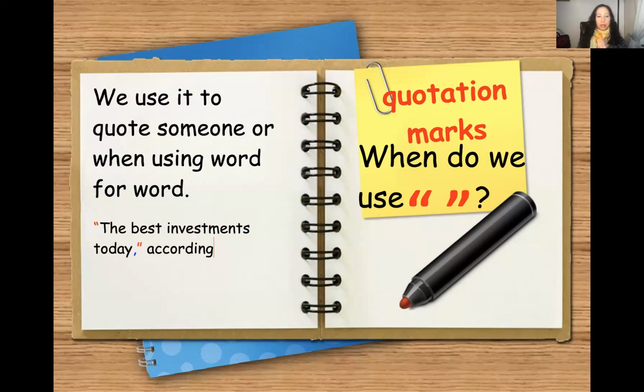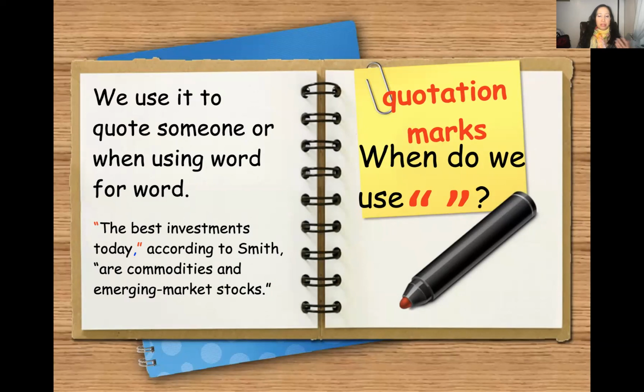For example, "The best investments today," according to Smith, "are commodities and emerging market stocks." Wow, that's a lot. Well, think of it as this is what Smith is saying. So Smith is the person. So think of Mr. or Mrs. Smith speaking, and you are writing down word for word what they are saying.